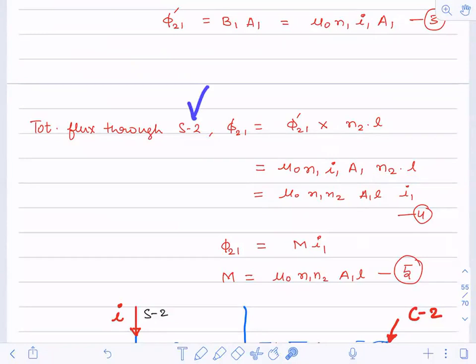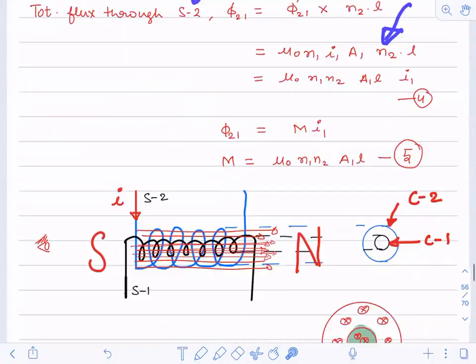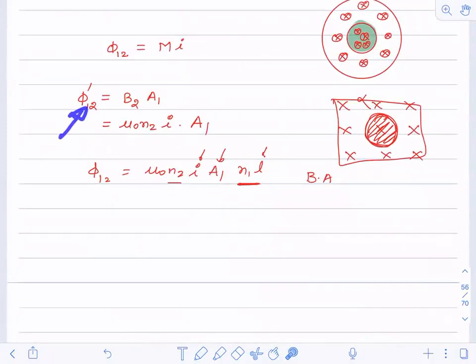So it doesn't matter whether you have the current in the first coil or in the second coil, the value of mutual induction will be the same. That I have shown you over here. I hope nobody is having any doubt in this now.